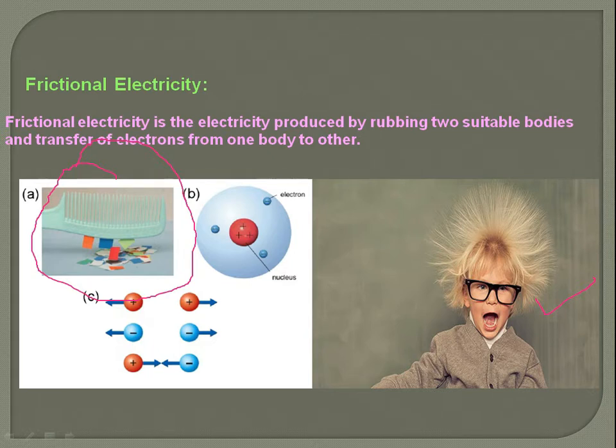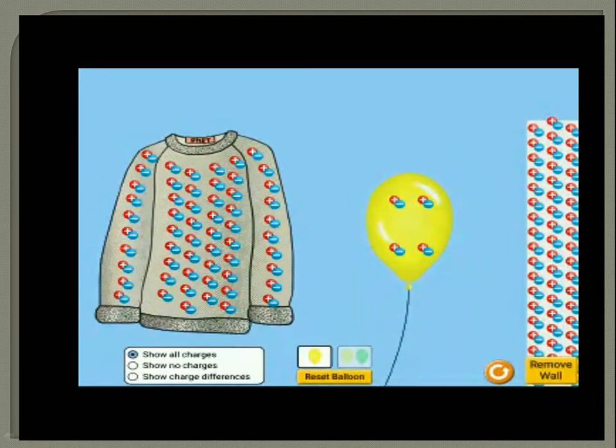To understand frictional electricity in a very simple manner, let's take a simulation. In this simulation, we have a balloon and a jacket.